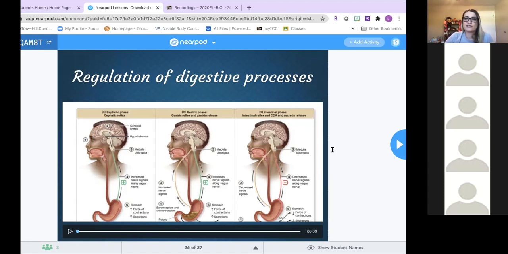The events of the stomach and digestive system can be divided into 3 phases. We can talk about cephalic phase, gastric phase, and intestinal phase, okay? Cephalic phase is activated by thought, sight, or smell. So just think about when you are hungry, we're getting close to lunch here. If you're hungry, you can see some picture of some food, or you just think about some food, right?